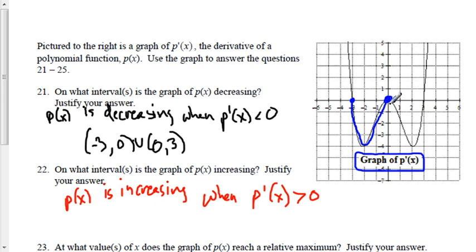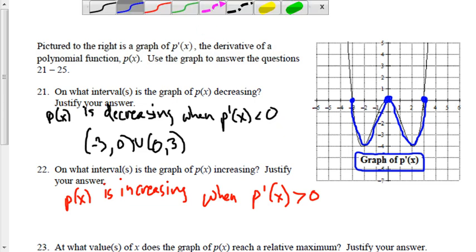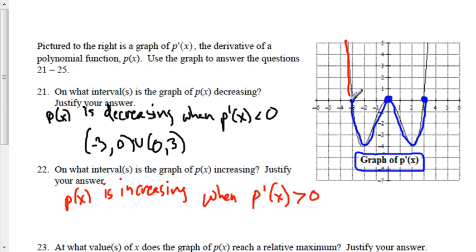And then that's union with from 0 to +3. Obviously another critical value there. Where is it increasing? So it's going to be everything that's above the x-axis. So from -infinity all the way, oh, I didn't write them down, -infinity all the way to -3, union with, right there, as we go up, 3 to +infinity.